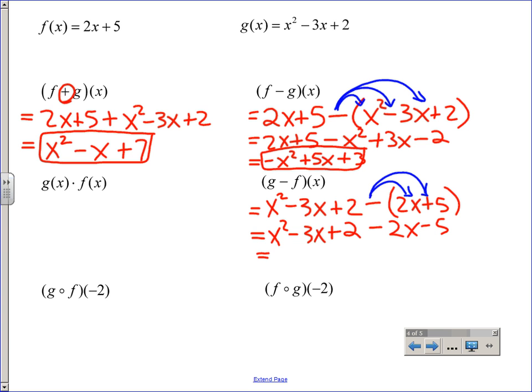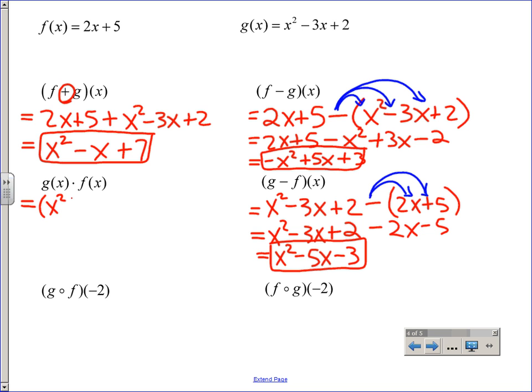And then simply, again, combine your like terms. So you'll have x squared minus 5x minus 3. You'll notice that your signs are all exactly the opposite from when we subtracted in the other order. If you think about it, that's how it works with numbers. Works the same here.